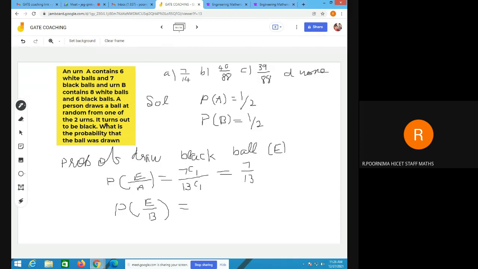In urn B, how many black balls are there? 6 black balls, so 6C1. What are the total balls in urn B? It is 14, so 14C1, which is equal to 6 by 14, so 3 by 7.